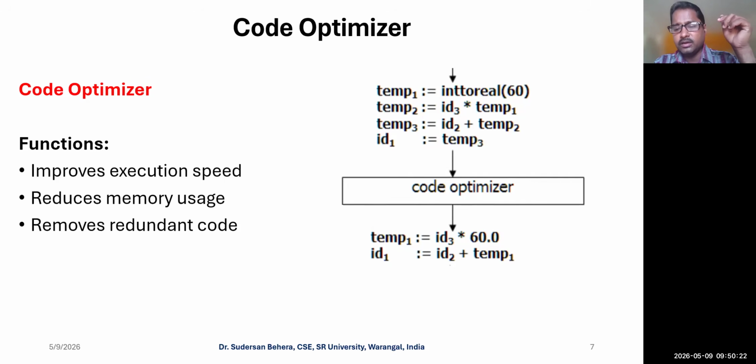Temp2 is nothing but temp1, because temp1 already eliminated the conversion, as that value was directly converted from 60 to 60.0 and becomes a real constant. So it is placed directly along with id3. The total value id3 into 60.0 is kept newly in temp1. Next, id1 equals id2 plus temp1, where id2 is an identifier.